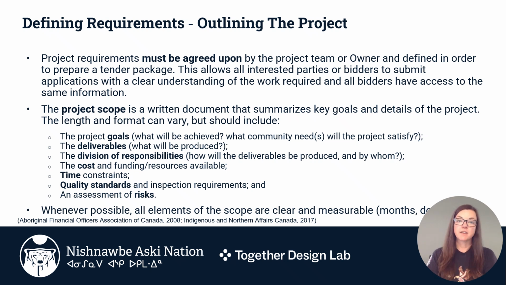The length and format can vary, but should include the project goals, what will be achieved, what the community needs will the project satisfy, the deliverables, what will be produced at the end of the project, the division of responsibilities, how will the deliverables be produced and by whom, the cost and funding resources available, time constraints, quality standards and inspection requirements, and an assessment of risk. Whenever possible, all elements of the scope are clear and measurable.